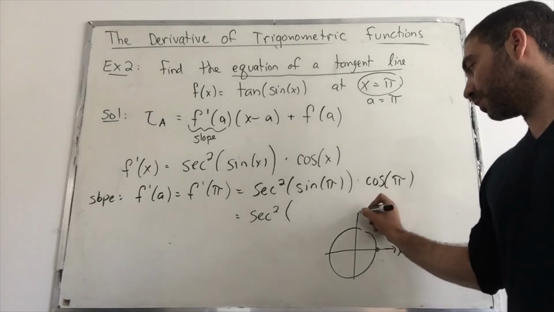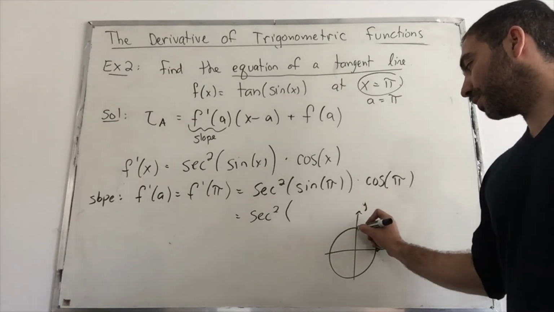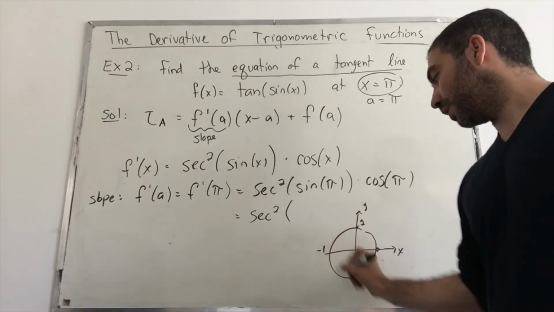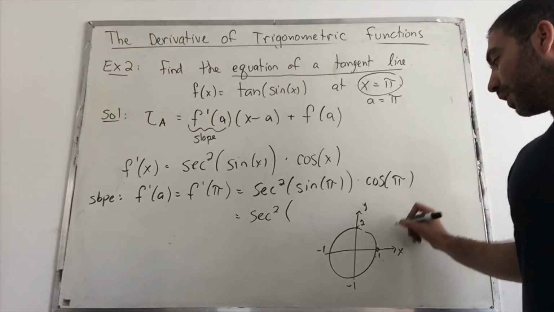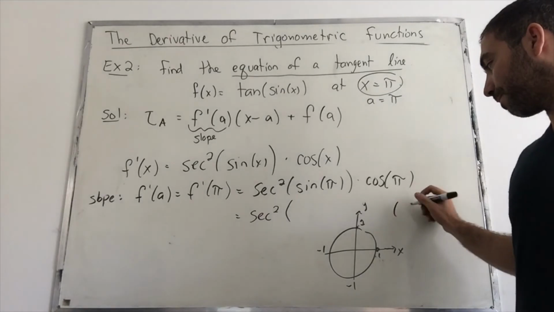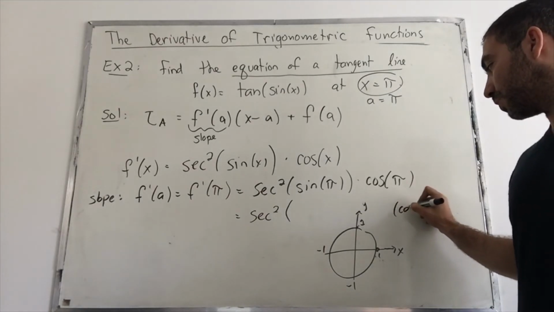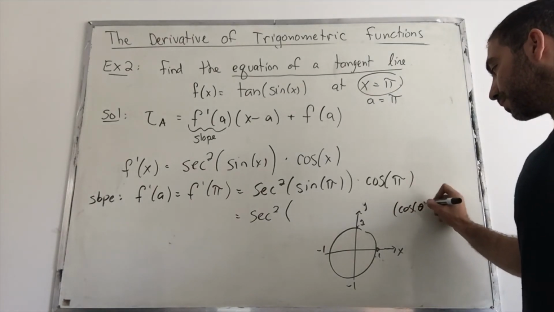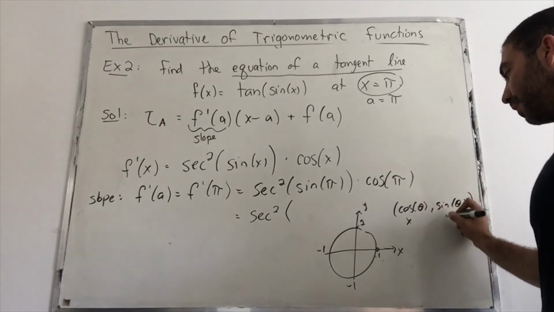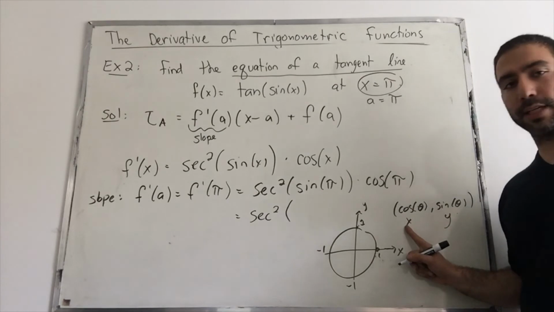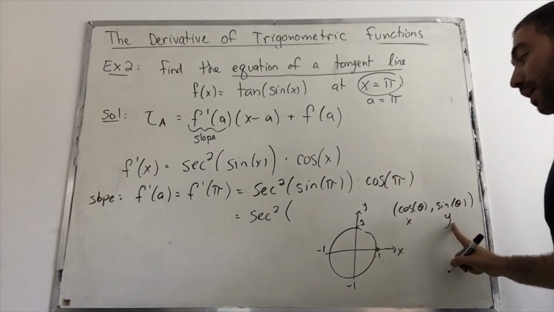We have the x-axis, the y-axis. These are all ones: 1, negative 1, negative 1, 1. Every point is cos, sine. So you read for cos on the x-axis and for sine on the y-axis.